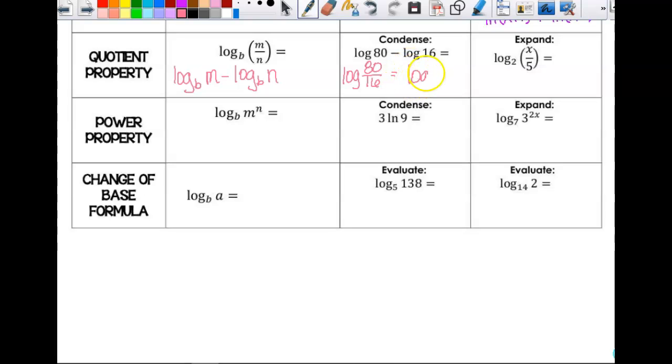Then I would need to reduce. How many times does 16 go into 80? 5. So this would just be the log of 5. Then I can use it to expand. It's being divided, so I can split it into subtraction and get log base 2 of x minus log base 2 of 5.